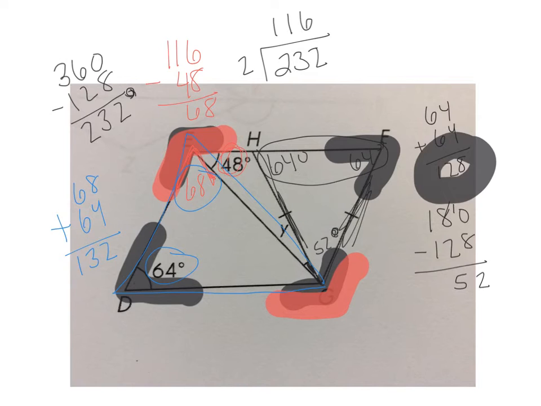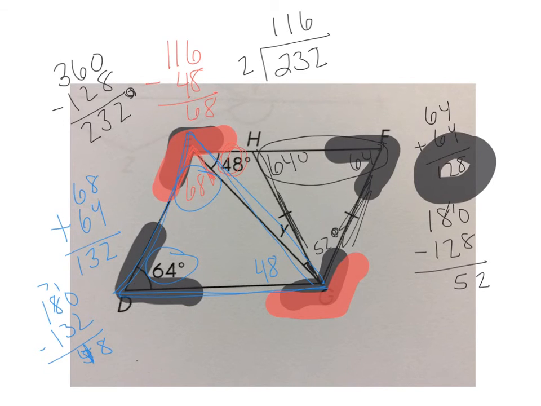That means out of angle GDE, I've already accounted for 132 degrees of it. I'm going to take my 180, which is the measurement of all the angles of a triangle, minus the 132 that I already know. And I am going to end up with 58 degrees. Nope, sorry, 48 degrees, which is a measurement of this triangle. So I have 48 degrees.